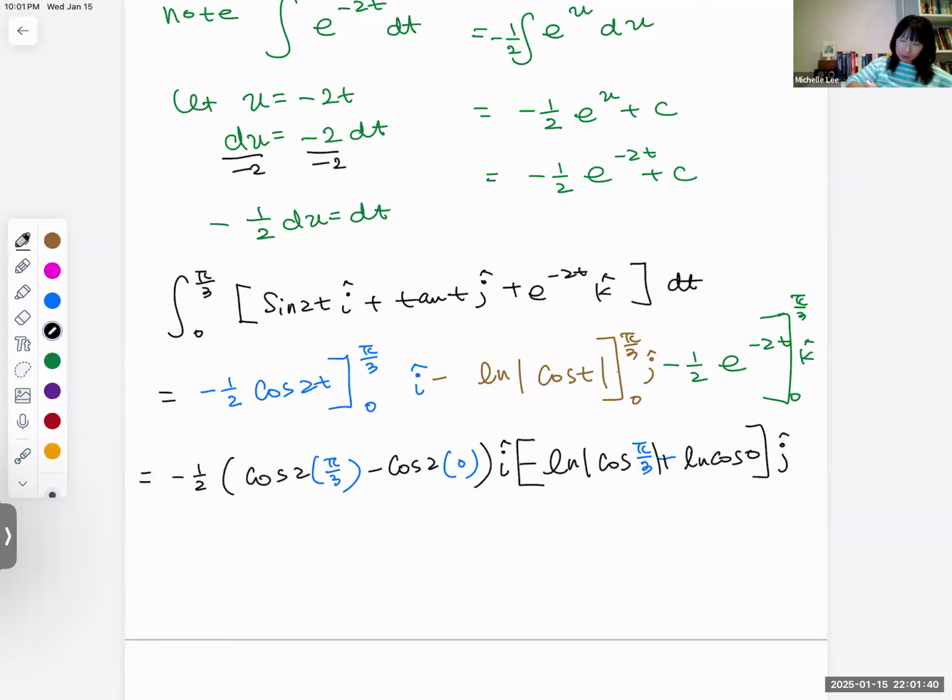And the third one, minus 1/2, e to the negative 2 pi over 3 minus e to the negative 2 times 0, k hat, right?